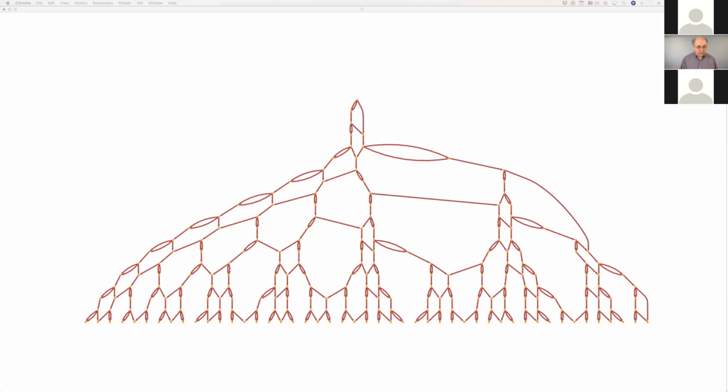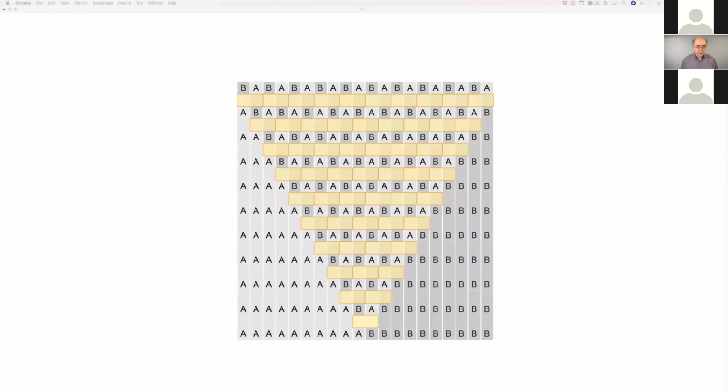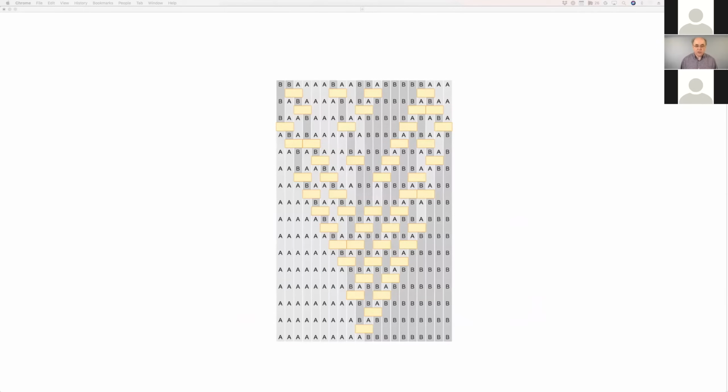So let me take an example here. Let's say we're looking at the updating rule. This is showing a particular way to make updates on a particular string, a particular choice of which updating events occur when. Here's a different choice of which updating events occur when. Notice that in both cases we get the same answer. It took more steps to get that answer in this case than in this case.